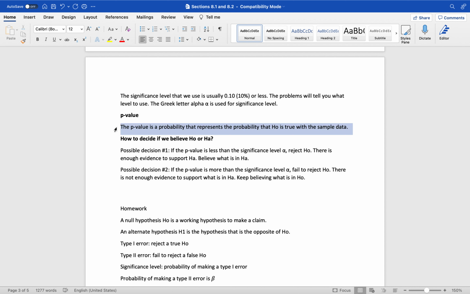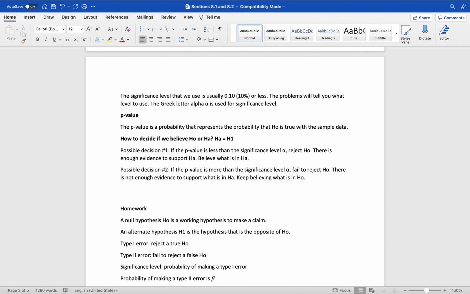The p-value is a probability that represents the chance that H0 is true with this sample data. So how do we decide if we believe H0 or HA? And remember, HA is the same thing as H1. Possible decision 1: if the p-value is less than the significance level, reject H0.